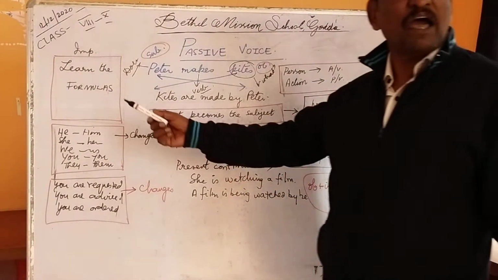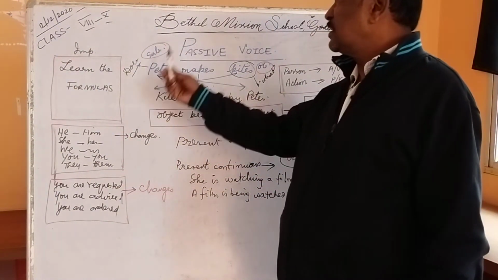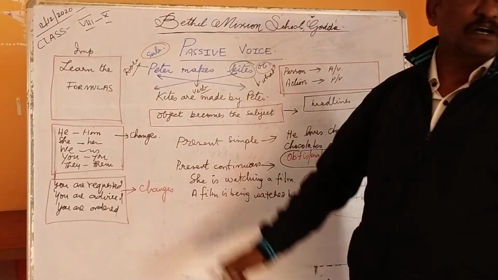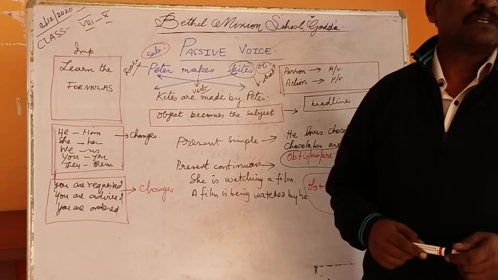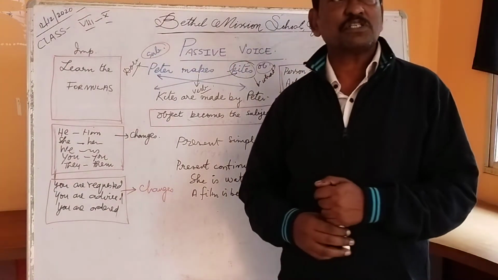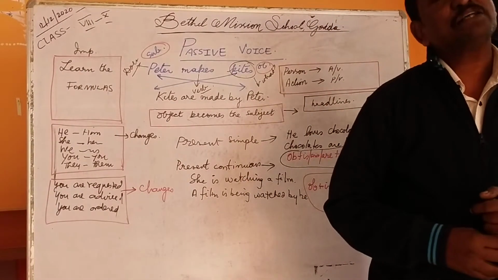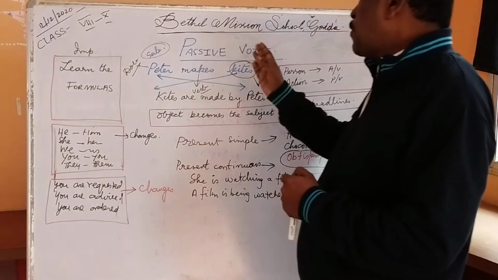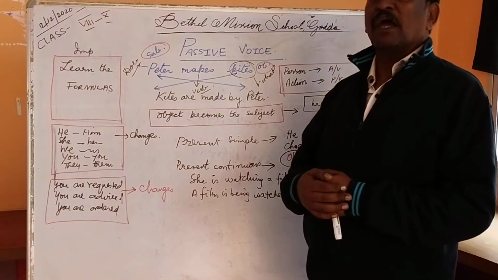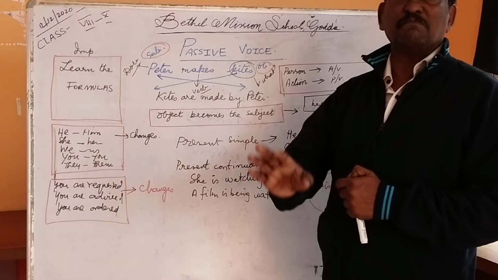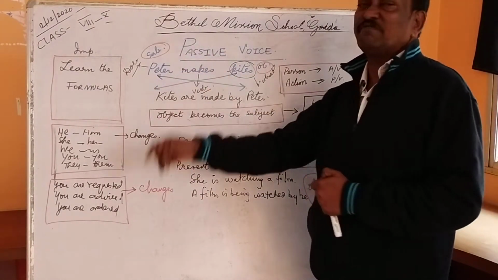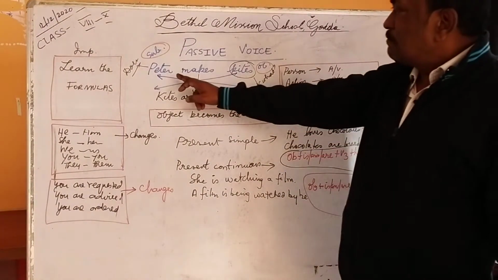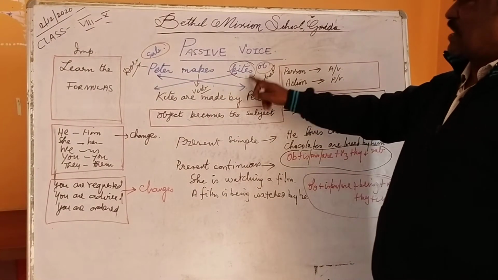So we have a subject, a verb, and an object. Subject answers the question who, and object answers the question what. And verb is nothing but the action performed.